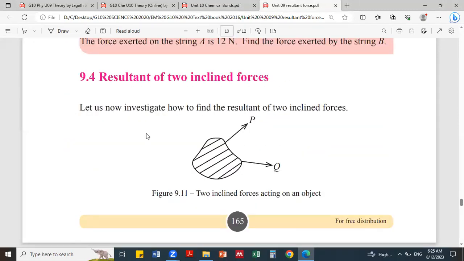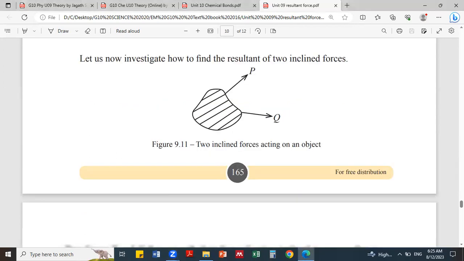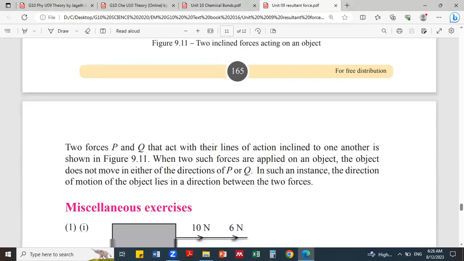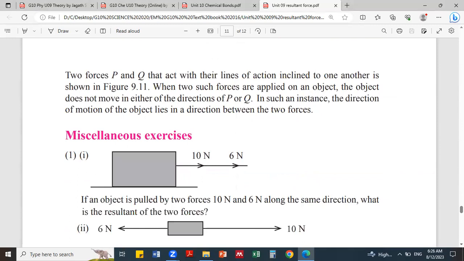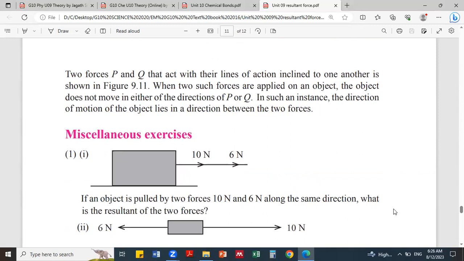Only this, the resultant of two inclined forces. That's it. Then what? They have given at the top of the next page only one small paragraph. They have not given any applications, but when you get the questions in the exam, they ask questions related to the applications of these two forces.